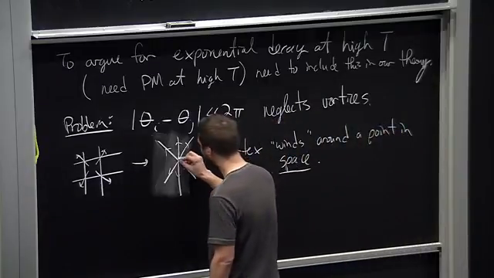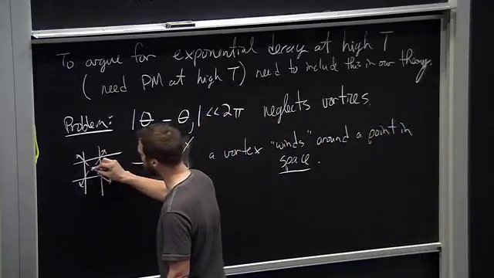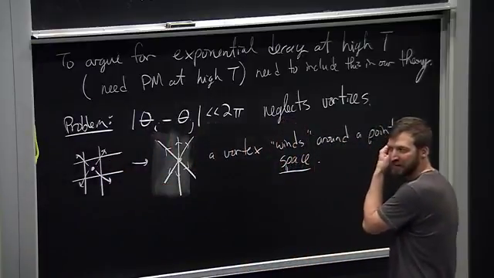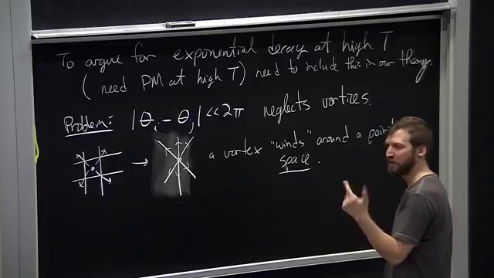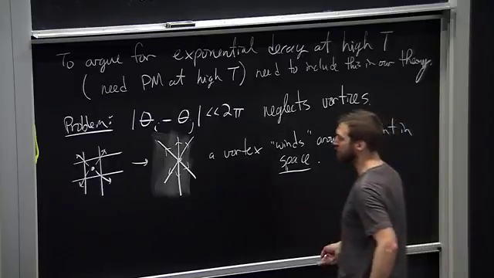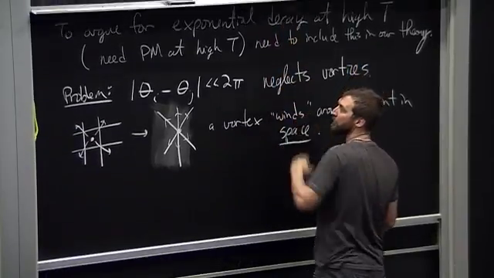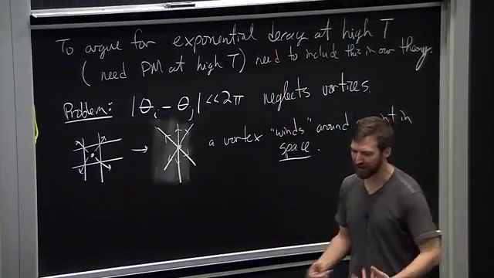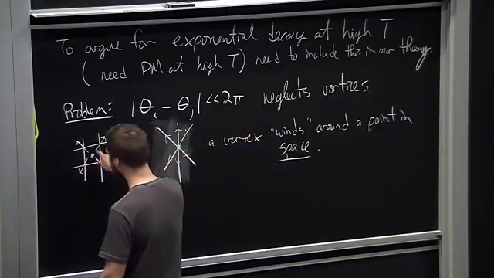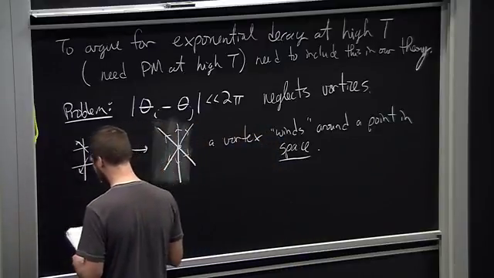Right, so that core, the vortex core as it's called, has some energy cost. A gradient of theta will diverge in the action. So you have to worry about that, but if it's on a lattice, then that point isn't contained in the space, if you want.